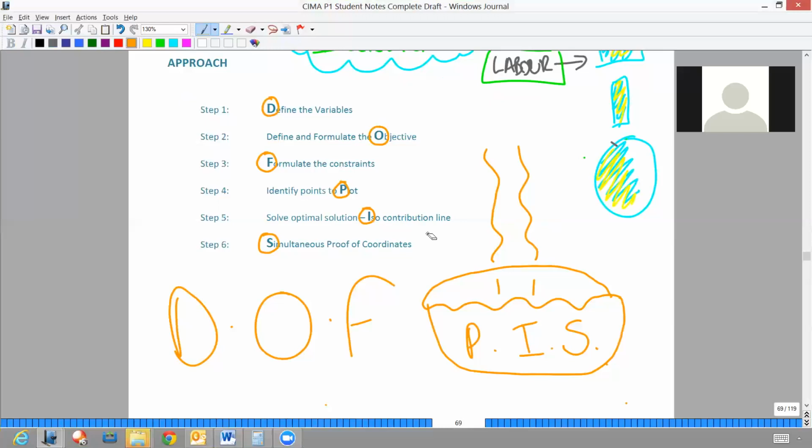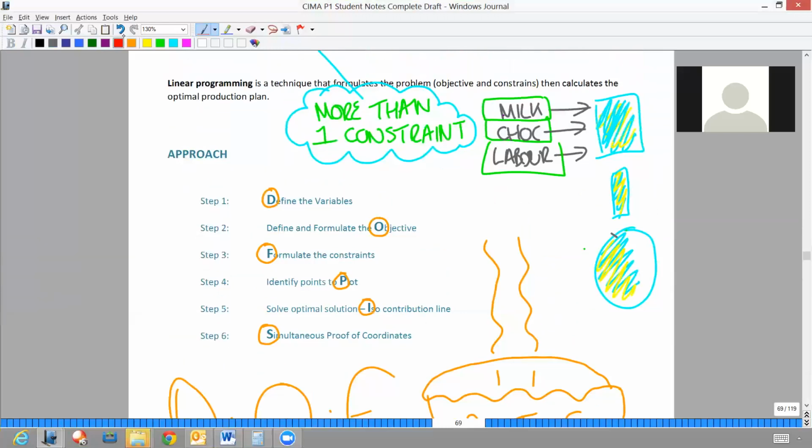So you can always imagine now a nice fat director of finance, which is all good, but DOF pies will absolutely get us through our linear programming. What does it mean? Well, step 1 is your D, which is to define the variables. And what will happen is, if you imagine that let's say we've only got 2 products in our organisation. Let's say we've got our chocolate bar and our chocolate egg.